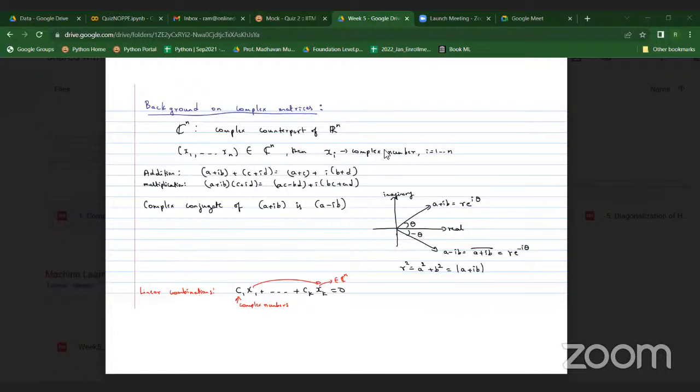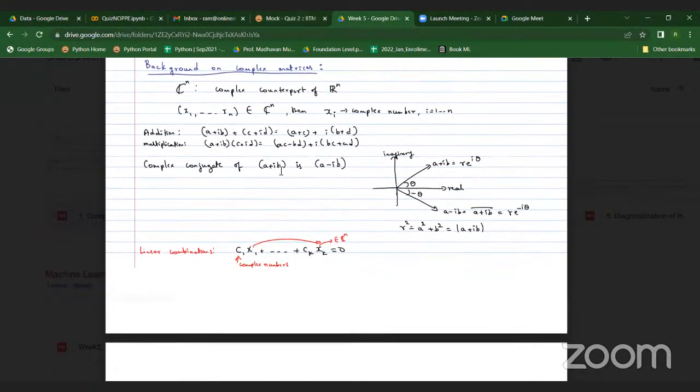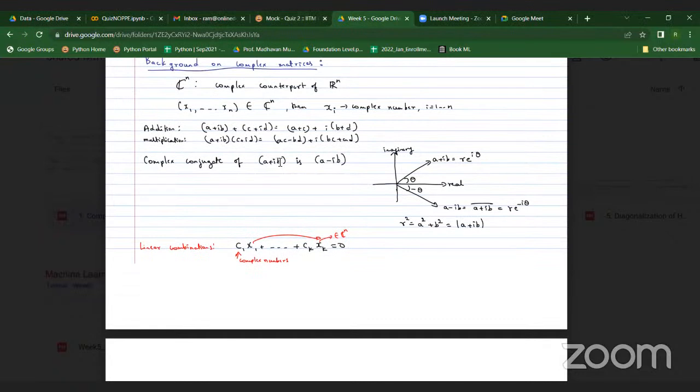All right. So one critical concept here to notice is a plus ib. The way you define a complex number is a plus ib, where b is the imaginary part and a is the real part. You can represent that in the real plane. The real part goes on the x-axis, and the imaginary part b goes on the y-axis.